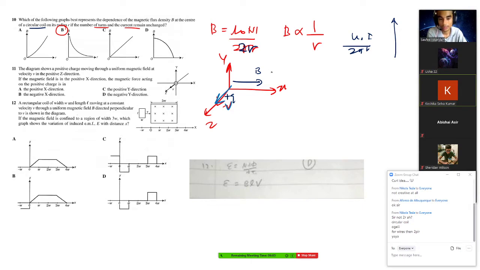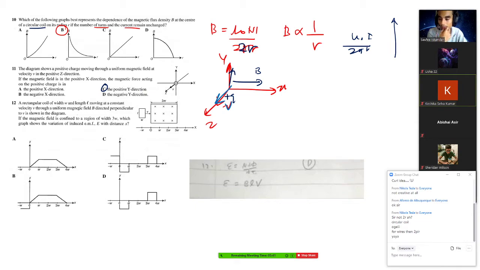So the answer is C, going up. Right hand rule, FBI: B, your index finger pointing to the X, and V, that is the Q, is pointing towards you. So your thumb is pointing up, so it's a positive Y. So the answer is C, positive Y direction.